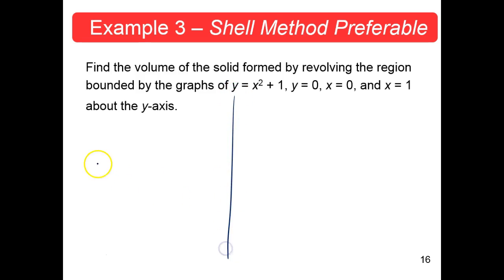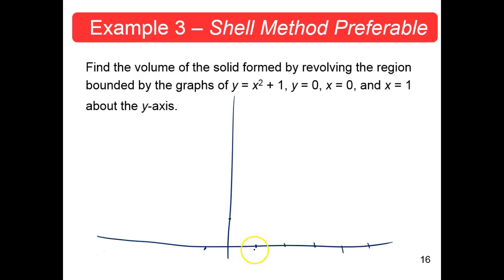So you're going from y equals 0 up, okay? x squared plus 1, if there's your 1, there's a 1, there's a 1. There's a 2, 3, 4, 5.